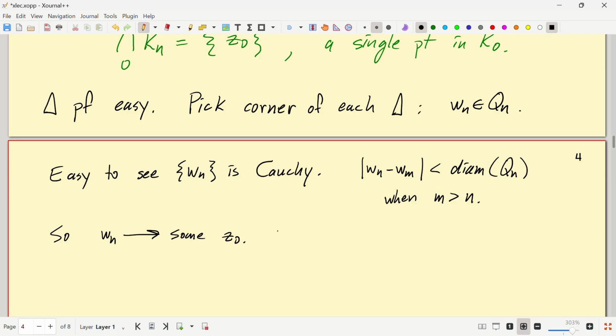And since Q0 is closed, Z0 is in Q0. In this case, I'm doing triangles, so I'll call it Q0. So that's all there is to that. It's a very elementary proof for triangles.